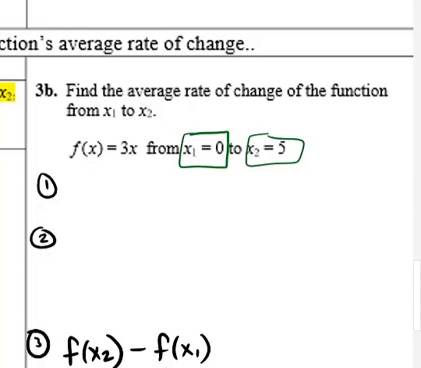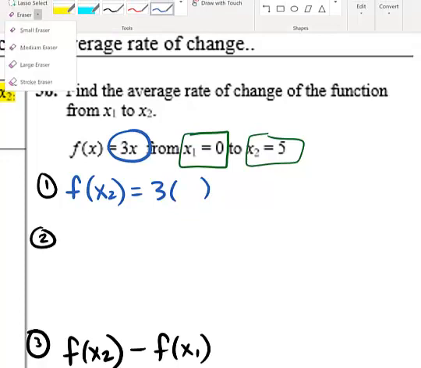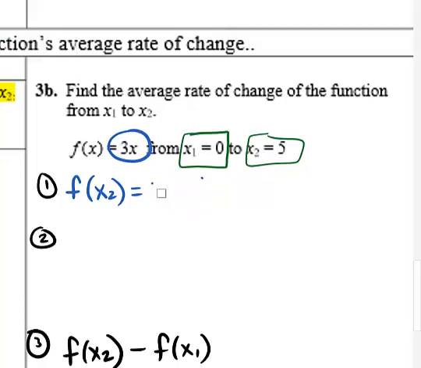So I think the first step I would do is substitute x2 into f, because that's the first thing that the formula calls for. And f of x is 3x, so it'll be 3 times x. Wait, I think I'm kind of jumping the gun here. Let me erase that a little bit. One step at a time here, right?